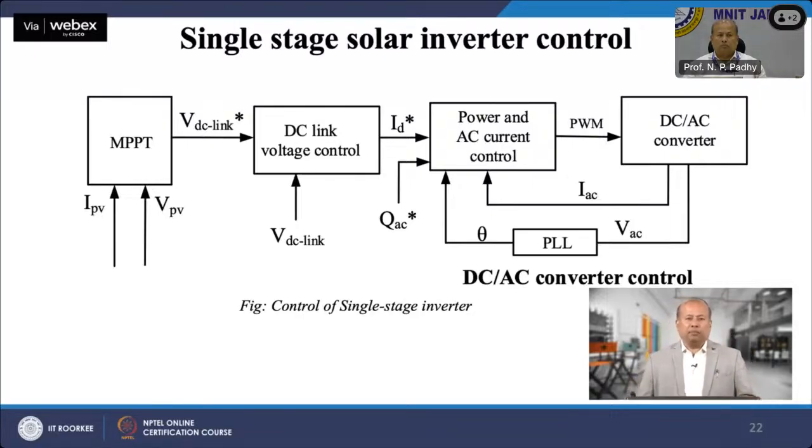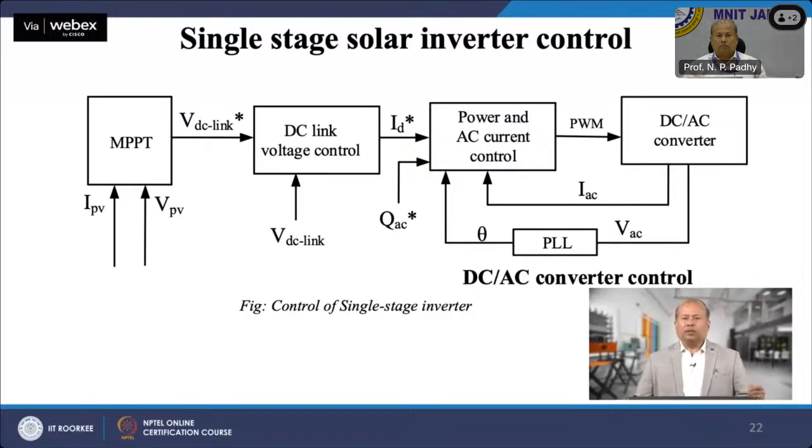This MPPT block gives the DC link voltage reference, so-called Vdc link star. The DC link voltage control tracks the voltage reference by providing the current reference Id star. The innermost current loop tracks the reference current to deliver the maximum power.